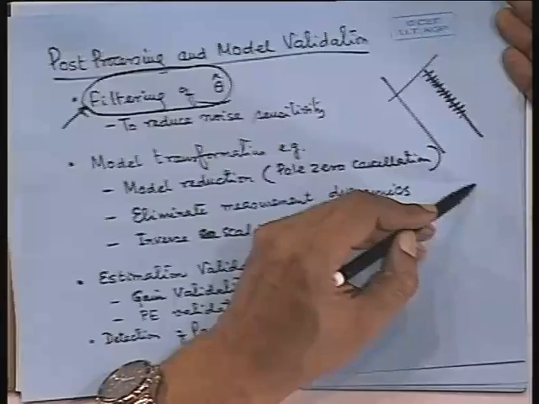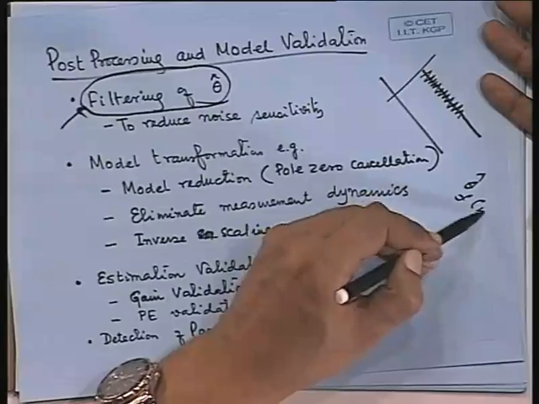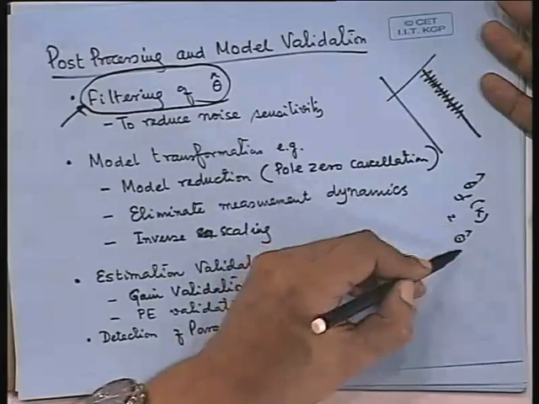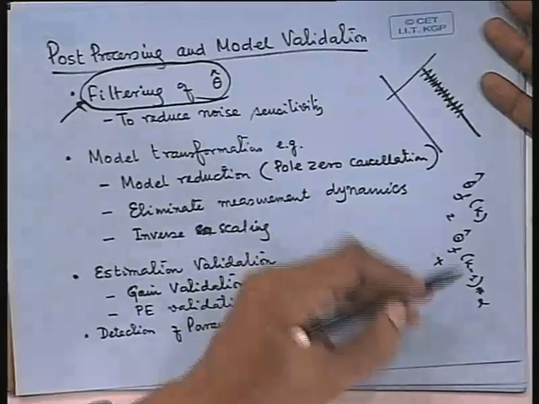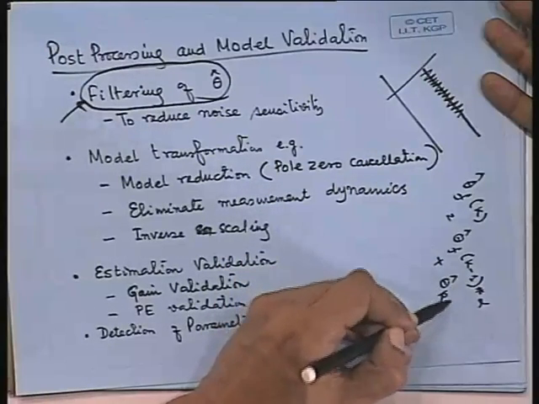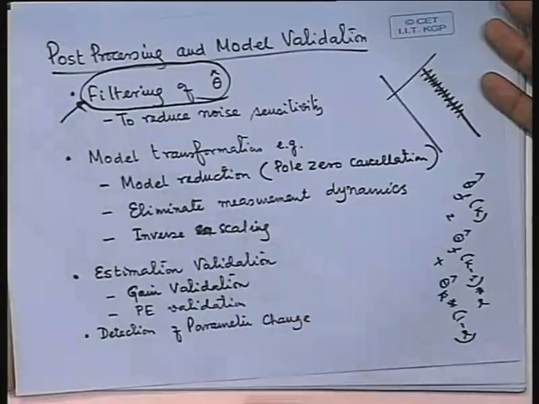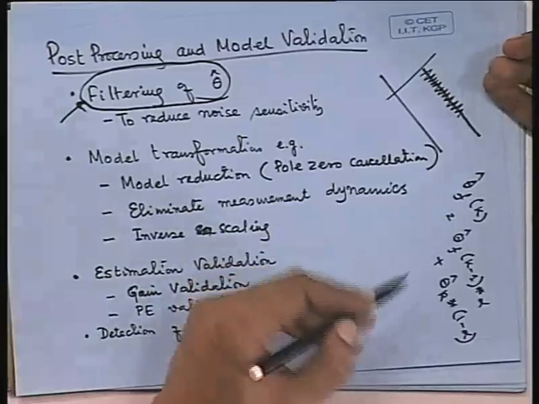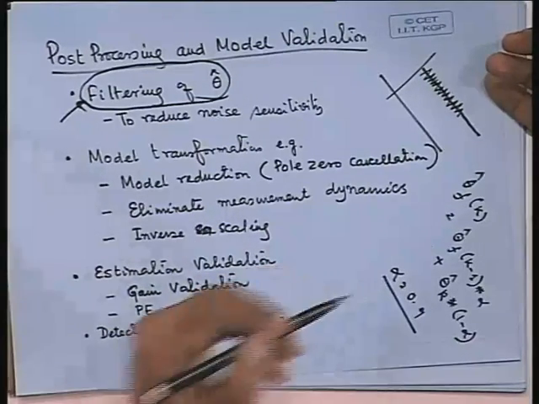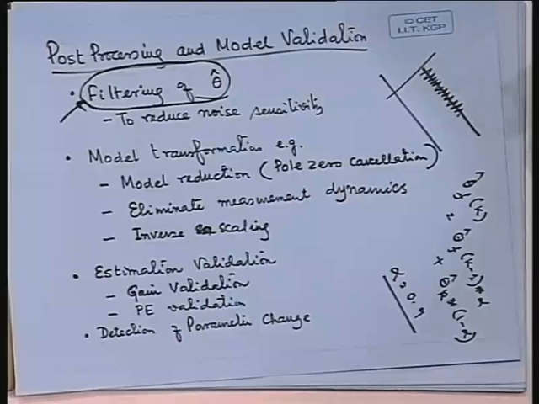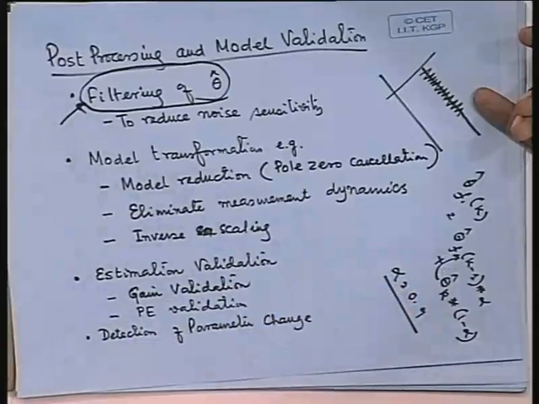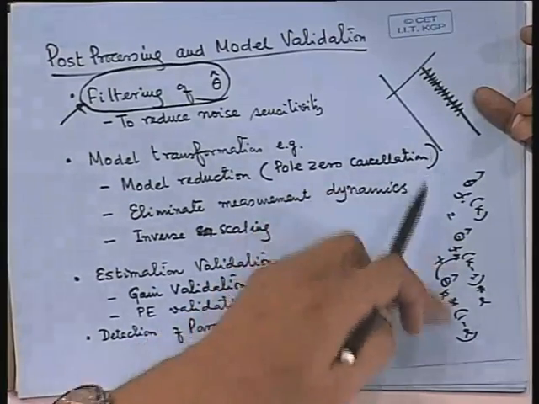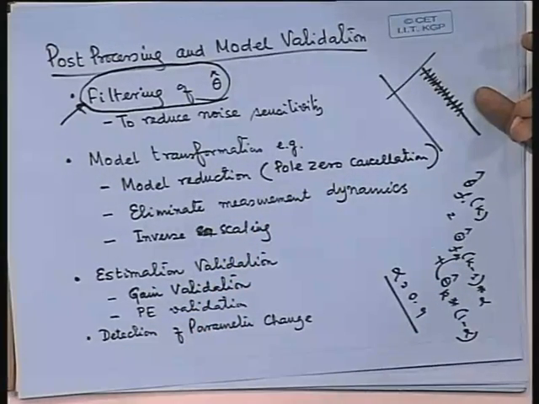So you write theta hat filtered k is equal to theta hat filtered k minus 1 into alpha plus theta hat k into 1 minus alpha, and then you choose alpha equal to 0.9 maybe. So you see, every time you are not changing it, every time you are adding a little bit of the estimated parameter. So you are actually doing an averaging, correct.